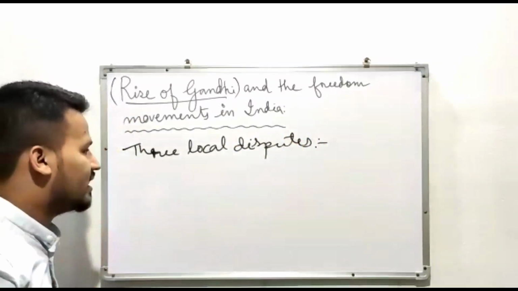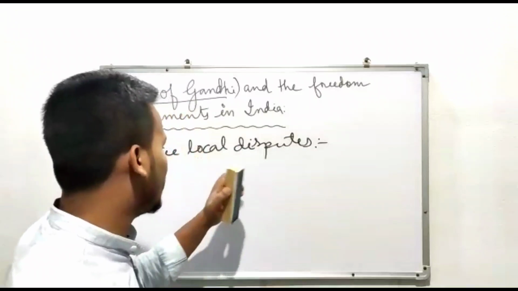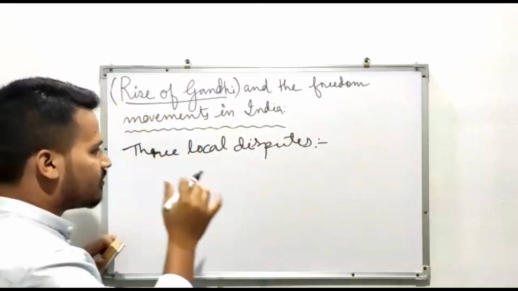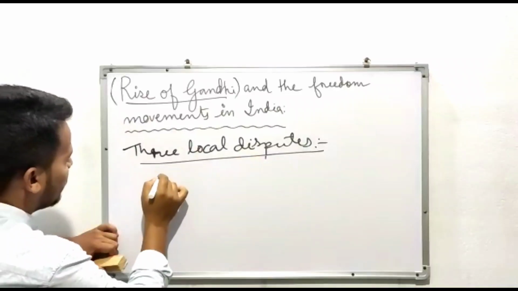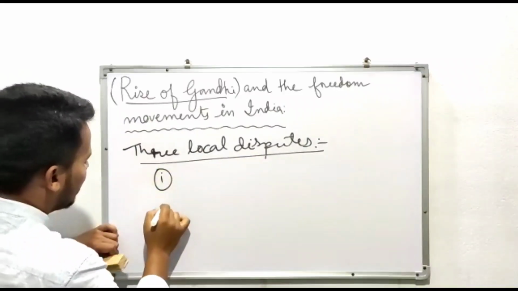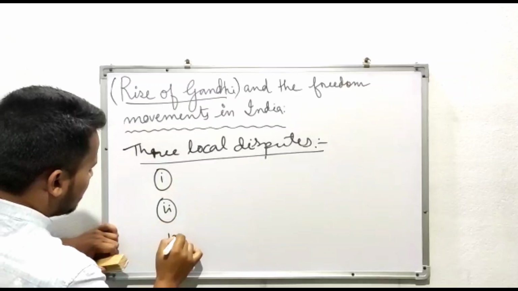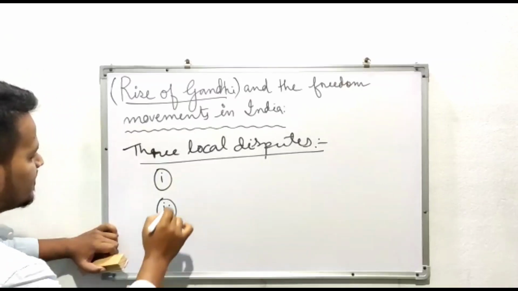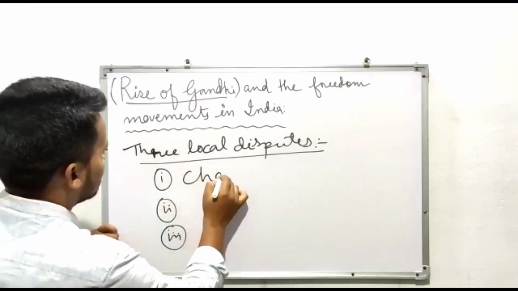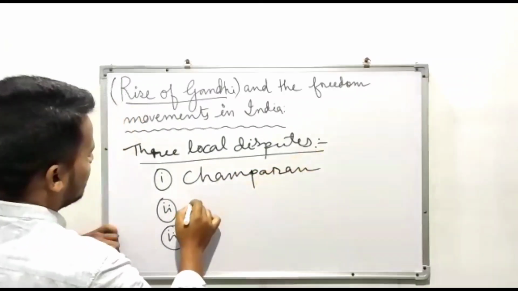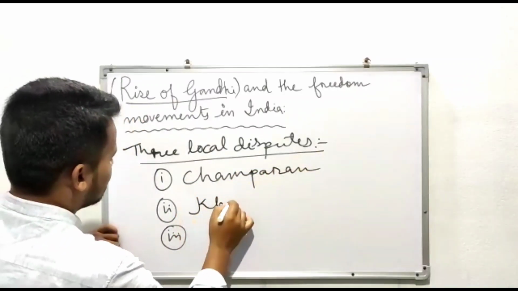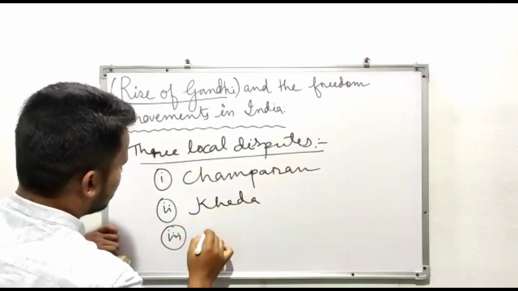Those disputes were being held in three places. These three places are: number one, Champaran; number two, Kheda; number three, Ahmedabad.